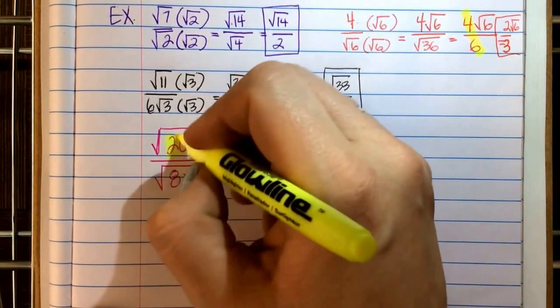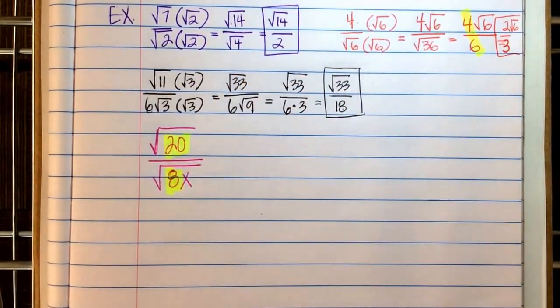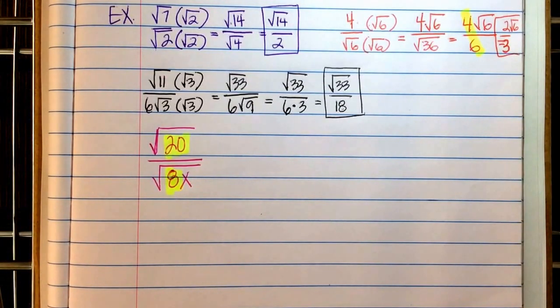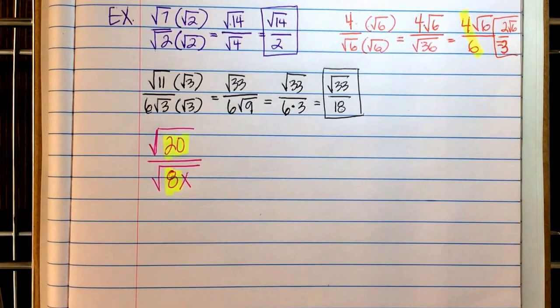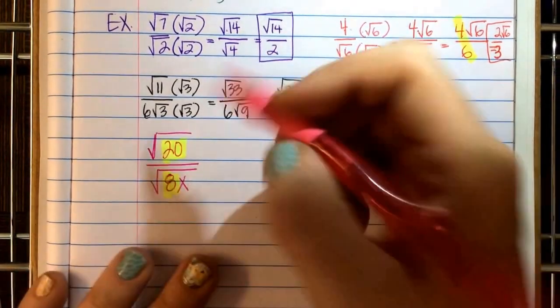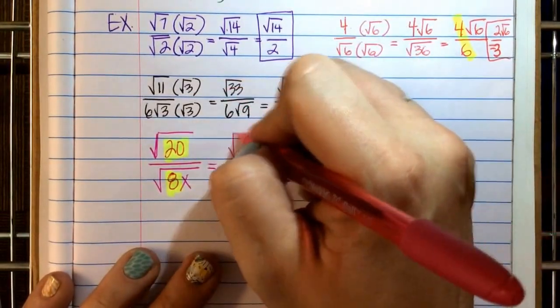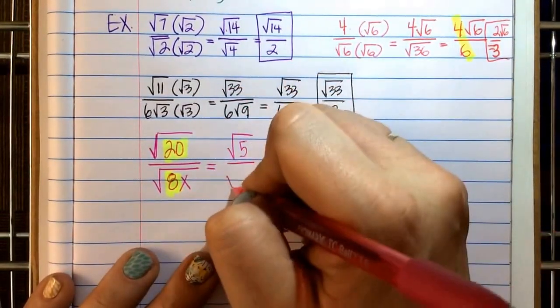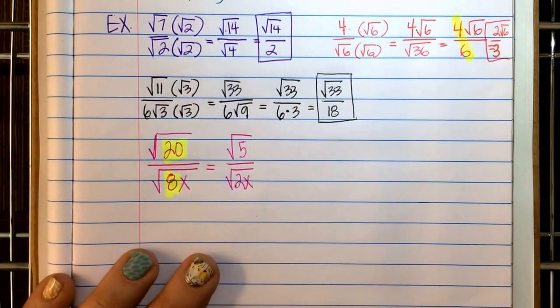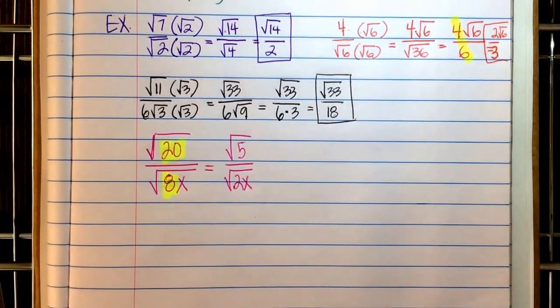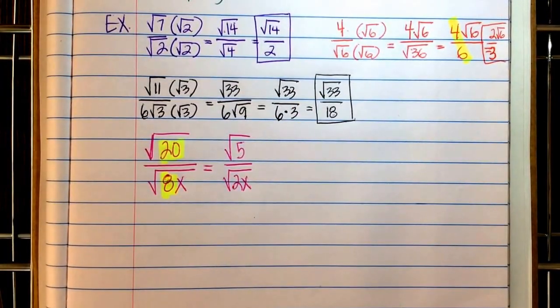Yeah, 20 and 8 can simplify. I can simplify them because they're both radicands, right? They're both divisible by 4, and they're both radicands. So I could make this radical 5 over radical 2x. That doesn't solve my problem, but it makes my number smaller and easier to deal with, right?